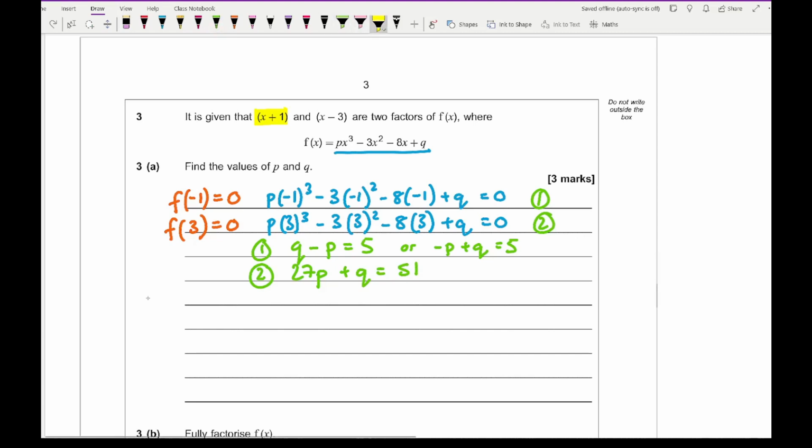Then treating this as a simultaneous equation, we have 27p plus q equals 51 and minus p plus q equals 5. Now you can either use your calculator to solve this, or you can do it using the algebraic way. So here we're going to end up with 28p equals 56.